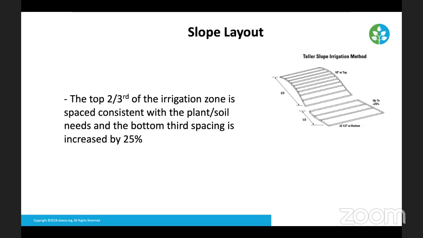We just have to make modifications so the tubing is not set against the trunk of the tree, because again, trees do not like to get watered right by their trunk. It promotes bacteria and fungal issues.